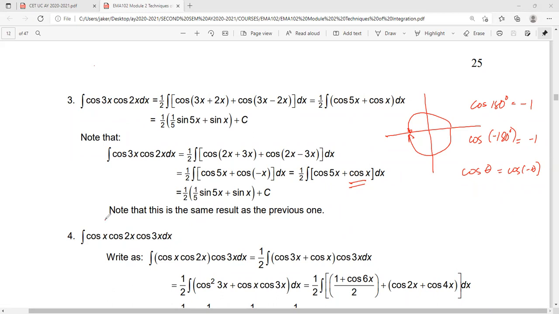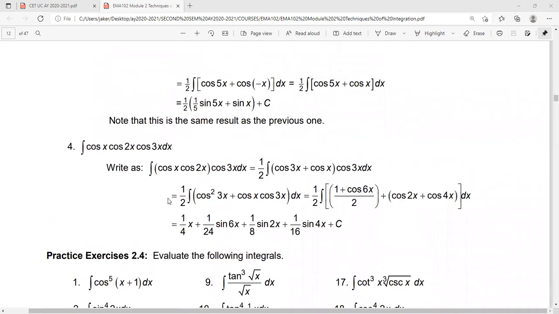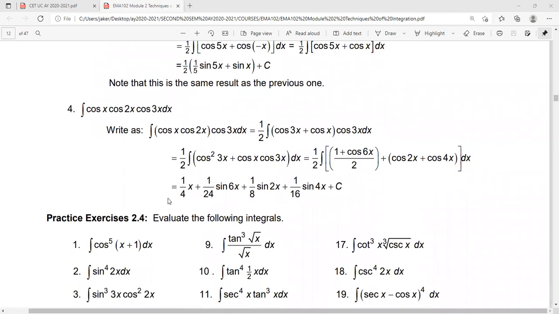Note that this is the same result as the previous one. Whether this is m and this is n, or this time this is n and this is m, the answer is still the same. I hope you get it. So either you treat one as m or the other one as n, or vice versa, you will still be getting the same answer. We'll end with this fourth example.